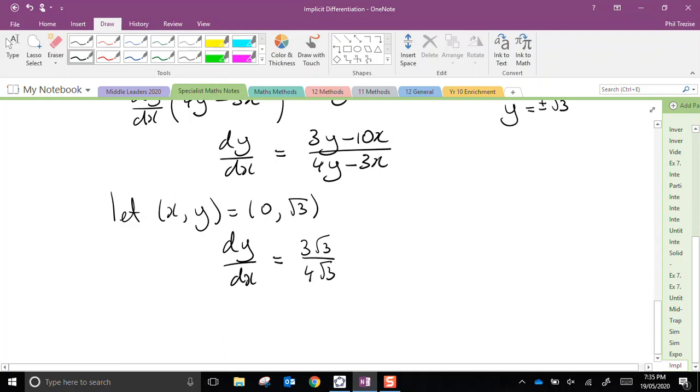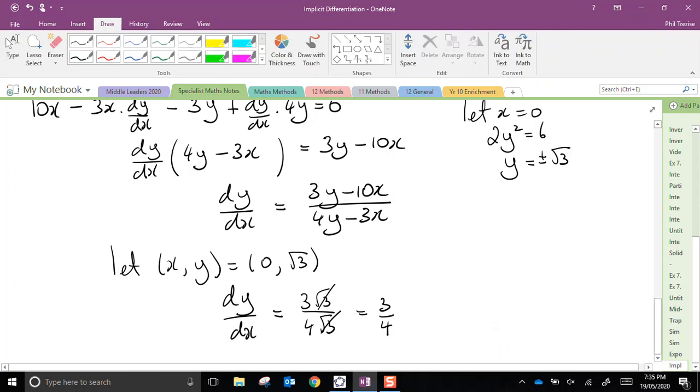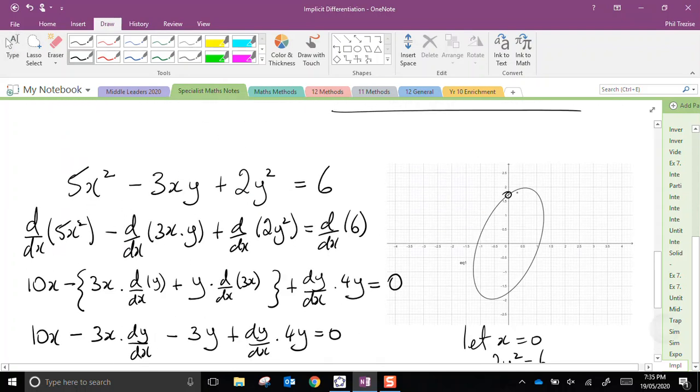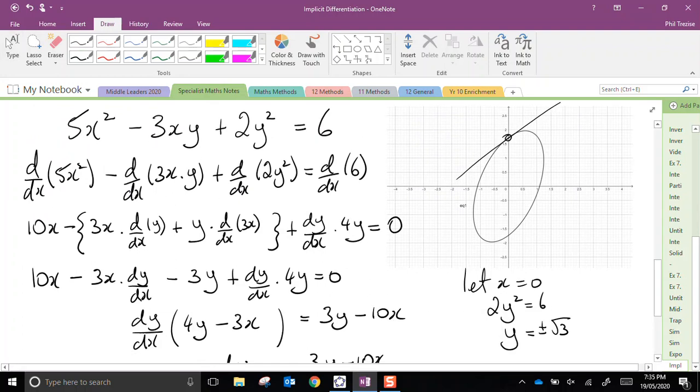And again, 3 times x is nothing. The root 3's will obviously cancel, and I find that the gradient at the point of interest is 3 over 4. The gradient of the curve right there, and therefore also the gradient of a tangent line. If I was to sketch a tangent line there, I would find the gradient of that line is 3 over 4. So there we have it.